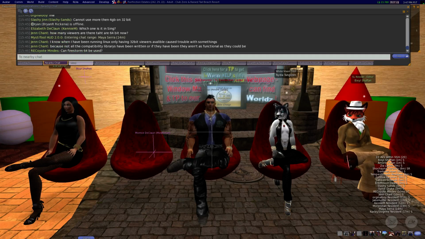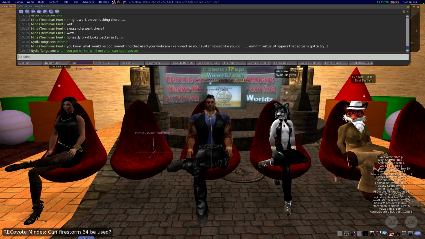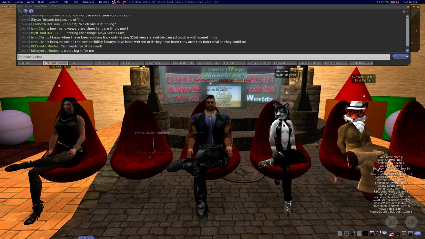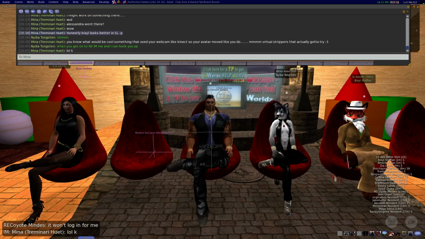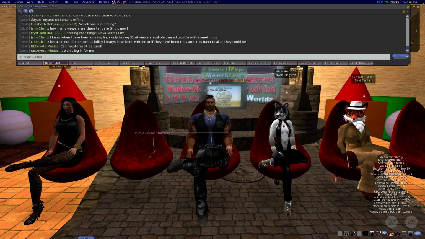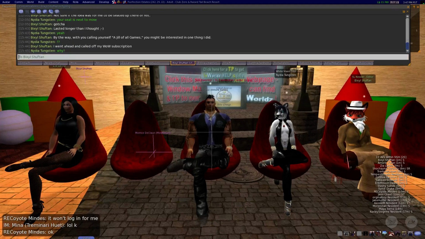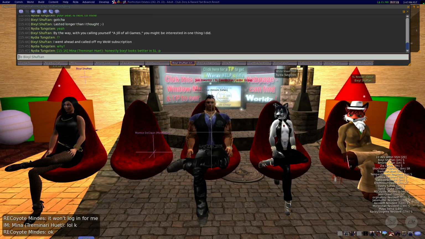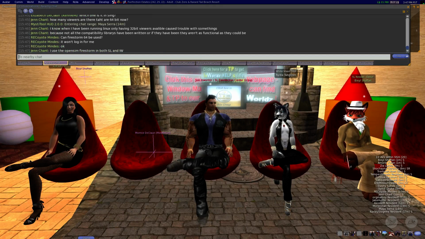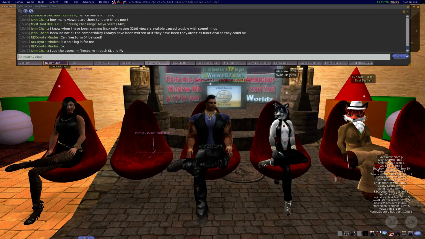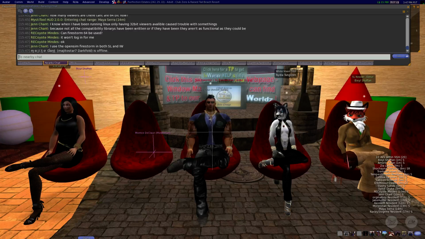Rick Coyote, Firestorm is working over in InWorlds very well. Firestorm has two possibilities, one specifically for SL and one that's for OpenSim. The problem has been that those of us who use Firestorm want to have two Firestorms on our computer.